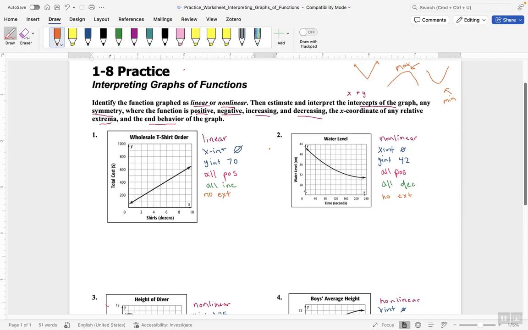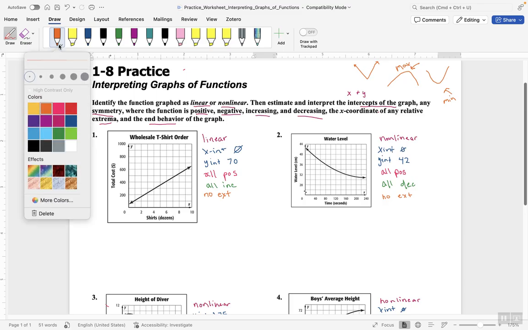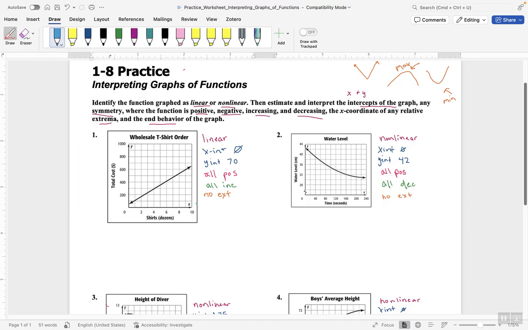And then lastly, we have end behavior of the graph. End behavior is exactly what it sounds like. It's how the graph ends. We're talking about the right side.